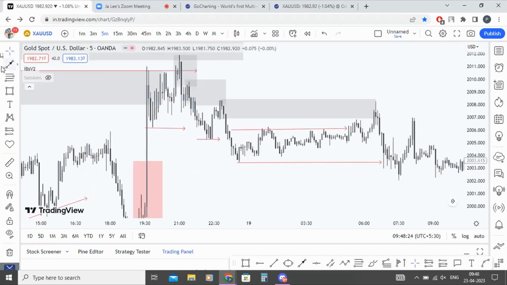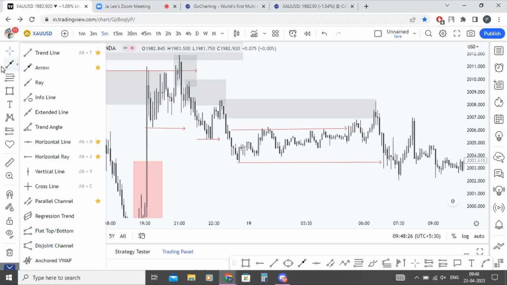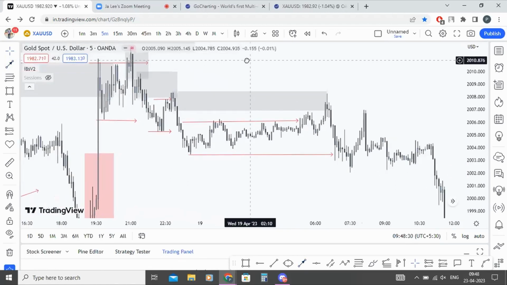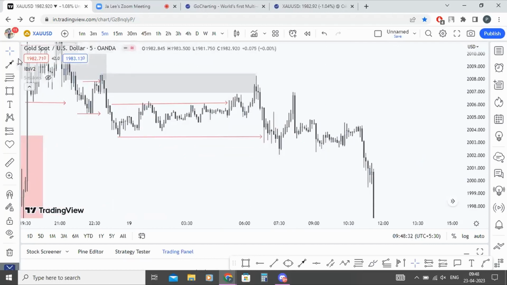So this POI has some kind of liquidation. See right here, some kind of liquidation, and some kind of liquidation right here. If you see this, some kind of low breaks right here.